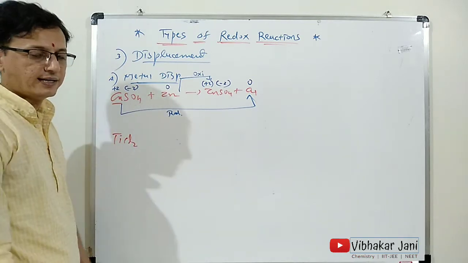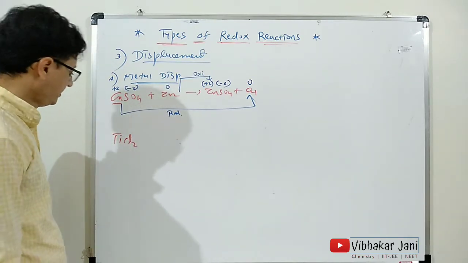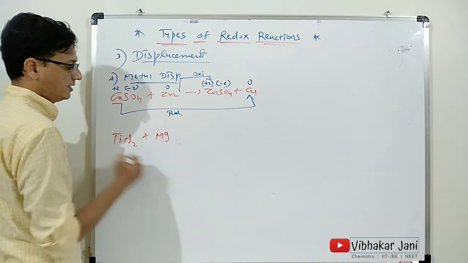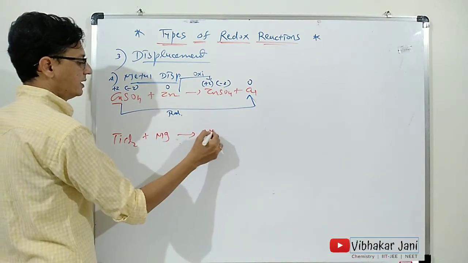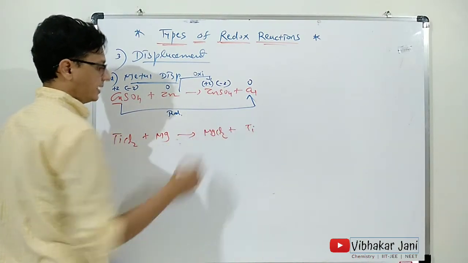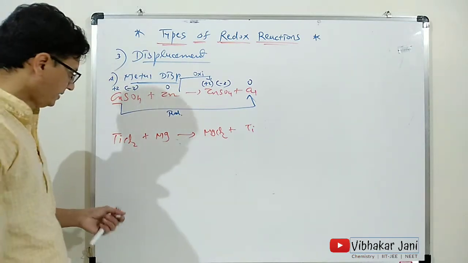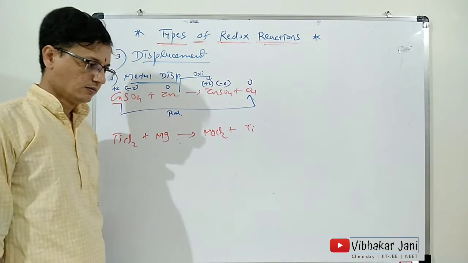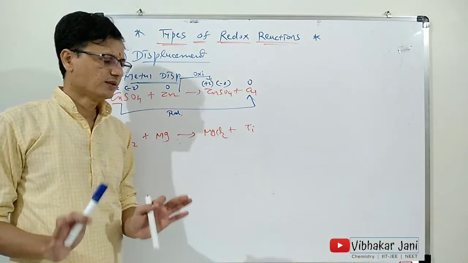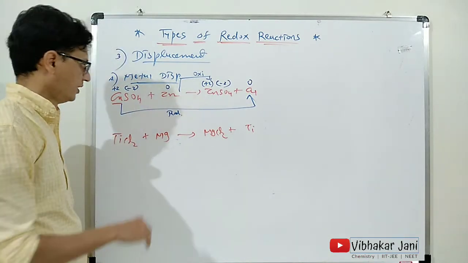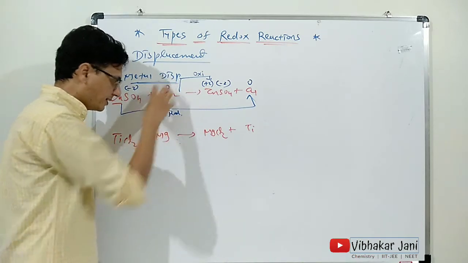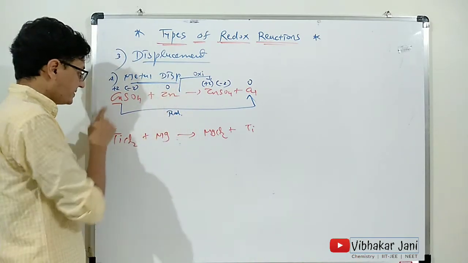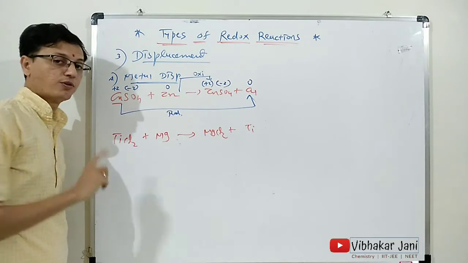TiCl2, this is titanium chloride. Titanium chloride, when it reacts with magnesium, will give us MgCl2 plus Ti. So again, titanium is displaced by magnesium. Now, there is one thing. More reactive metal can displace the less reactive metal from its compound.